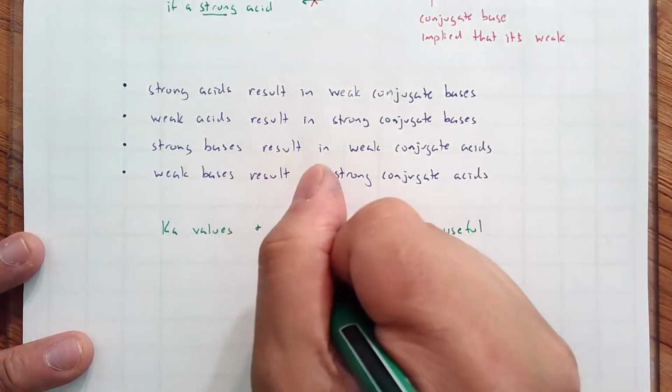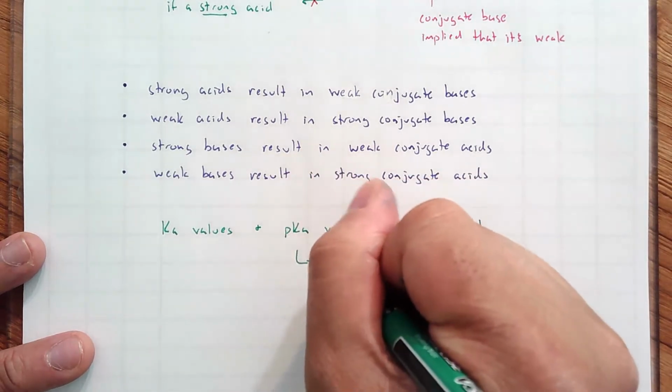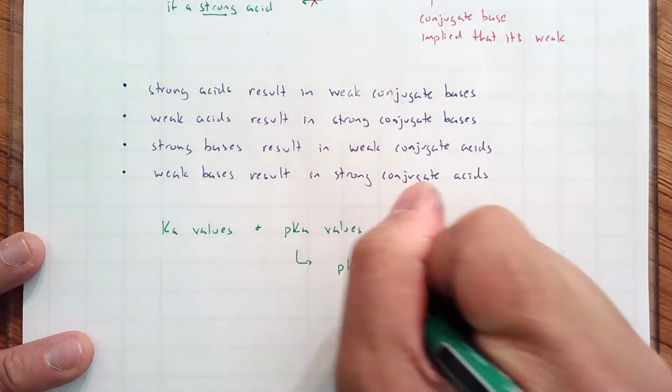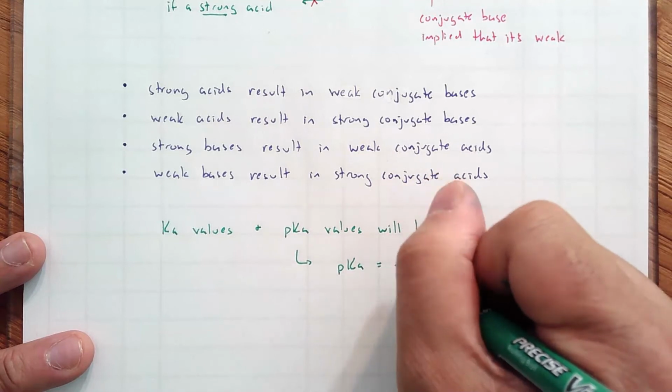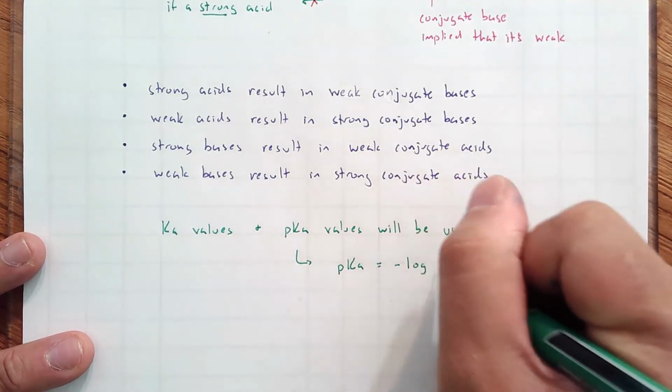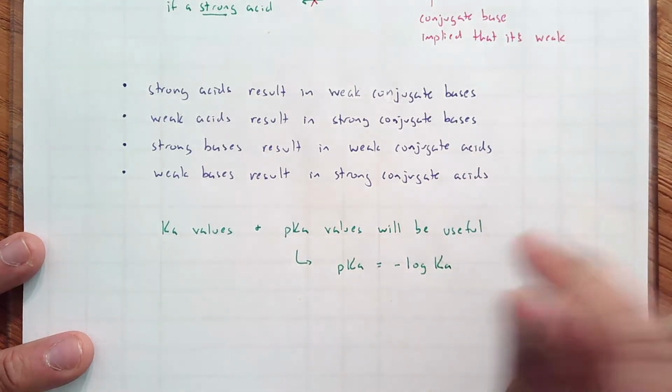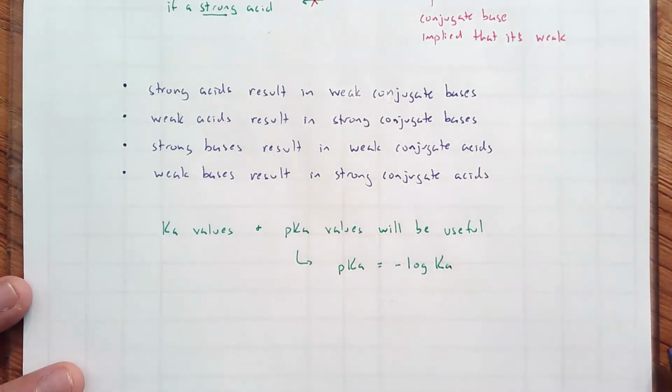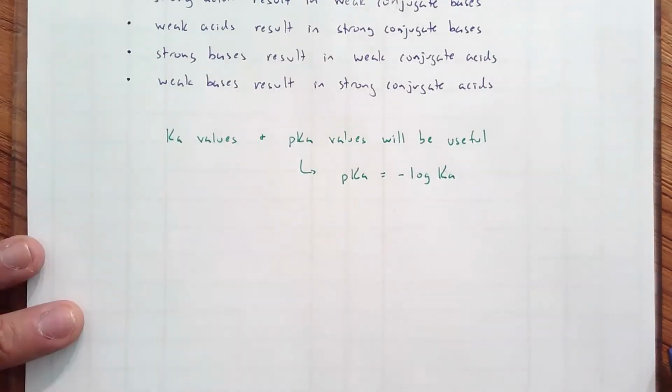For those of you who remember, pKa is simply the negative log, just like pH is the negative log of the H plus concentration. Okay, now we're ready for a couple of examples.